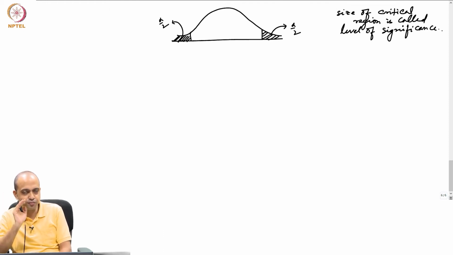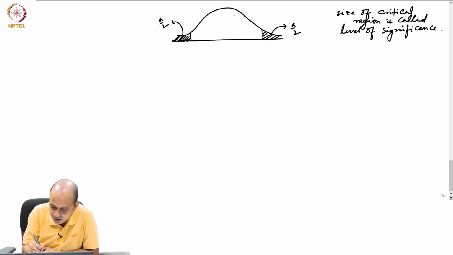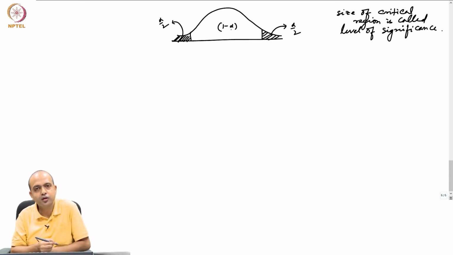So, that means when your size of the critical region is 10%, you will commit 10 type 1 error while rejecting the null, and we will say that the variable, let us say in our context income, is significant at 10% level. When I am saying income is significant at 10% level, that means I am committing 10 type 1 error while rejecting my null.